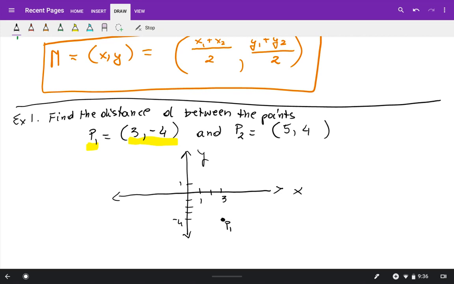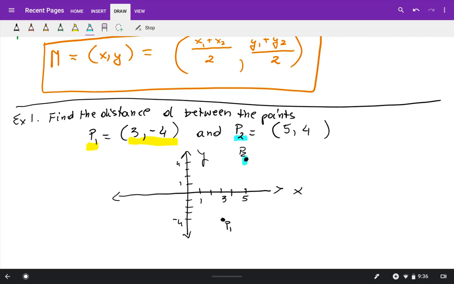The second point, P2, right here, has coordinates 5, comma, 4. So this is P2, the second point.